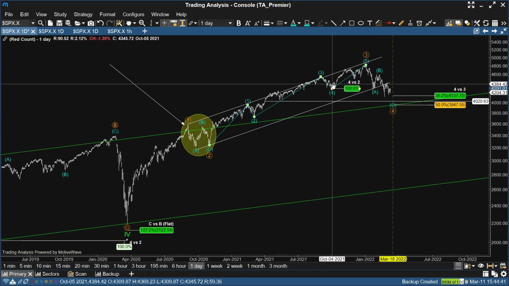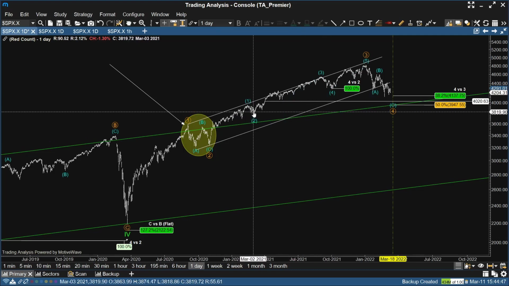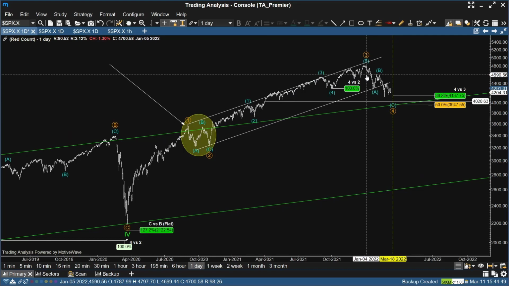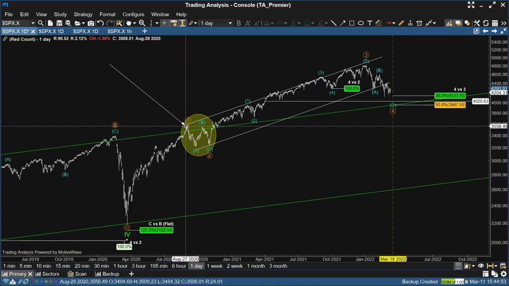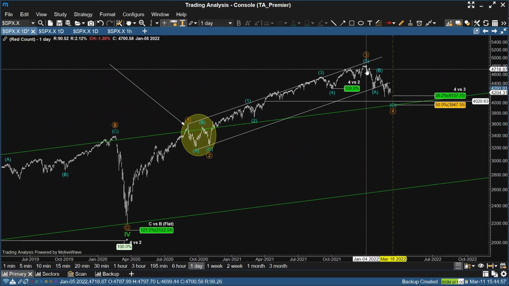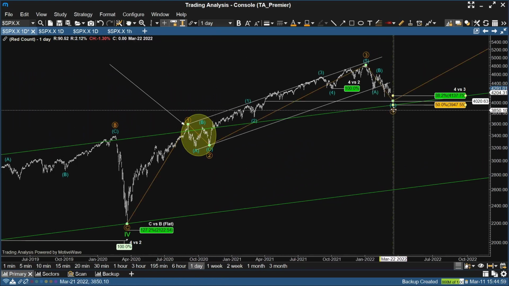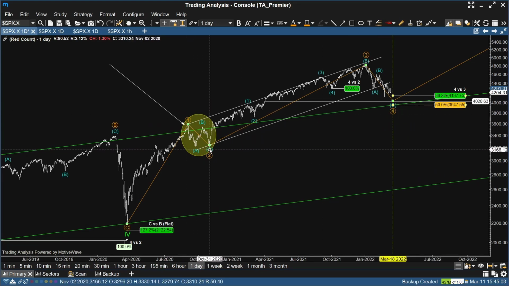And in addition to tending towards equality and being equal in magnitude, we see slight alternation in the style of the correction. This tells me that the best case wave count would suggest up in 1, down in 2, rally in wave 3, and we're now in a wave 4 position pairing up to our wave 2 flat.